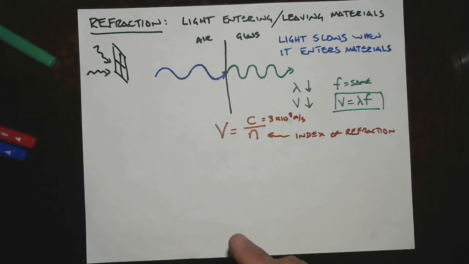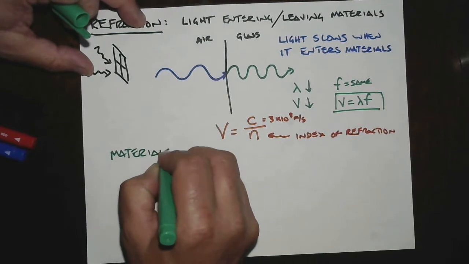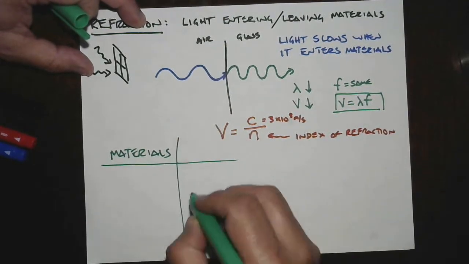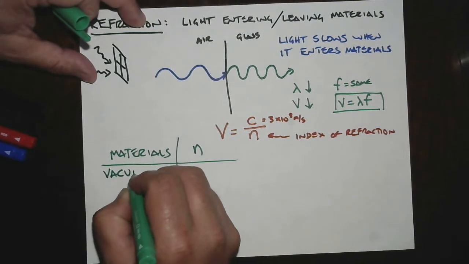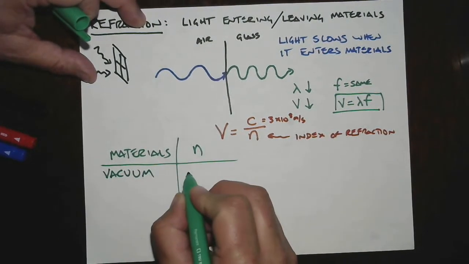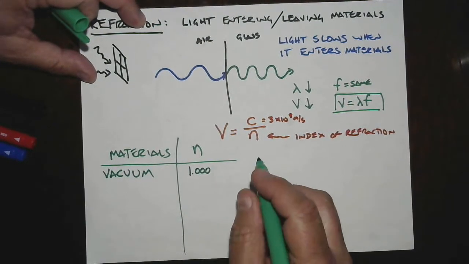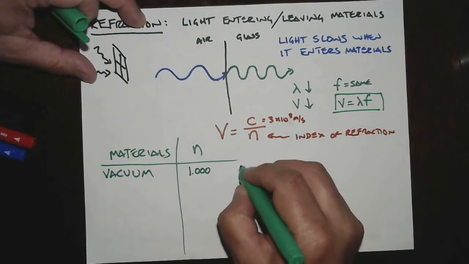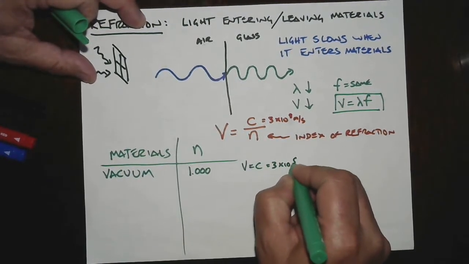So let's talk about this. Let's make a table. What are some materials that you may want to pay attention to, and what are their indices of refraction? Well, the first material we can talk about is a vacuum. The complete lack of material has an index of refraction defined as 1. That means that the speed of light in that material is going to be c, 3 times 10 to the 8.